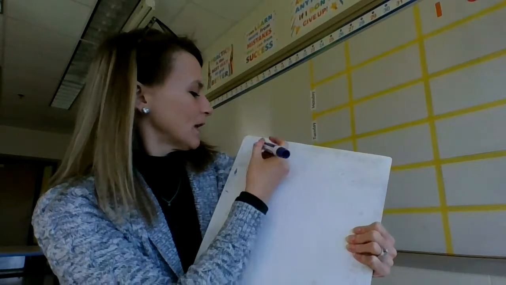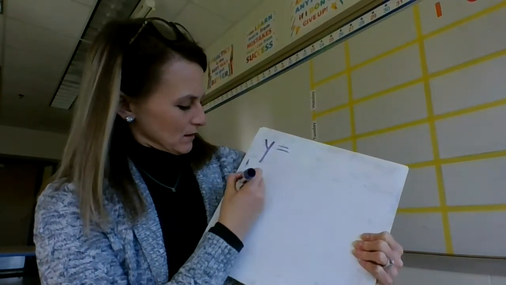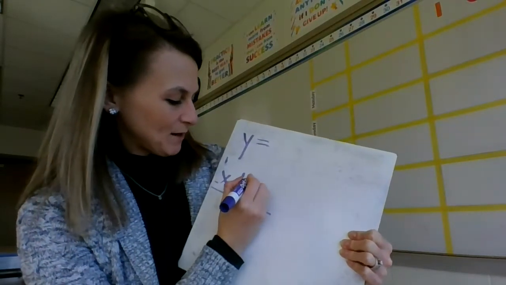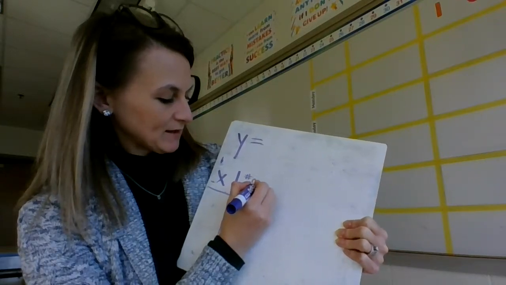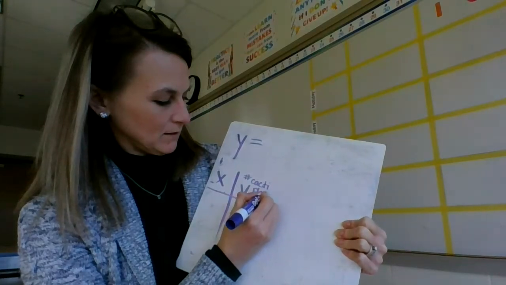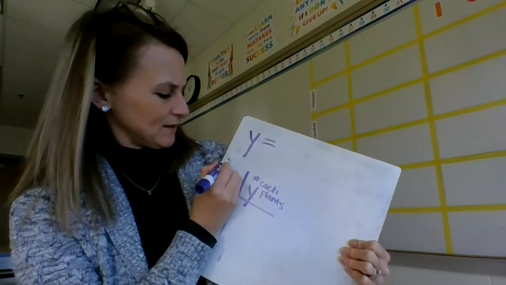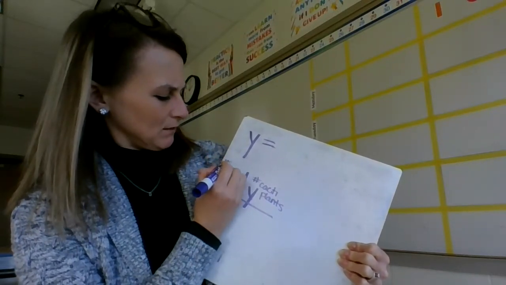Okay, so I'm going to write my equation of y. Okay, y is going to end up being the number of cacti plants he has. Okay, and the x is going to be how many weeks have gone by.